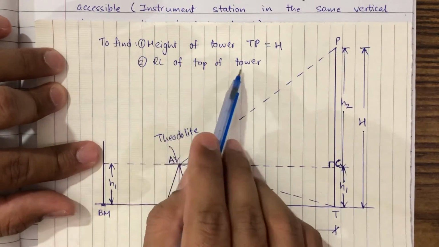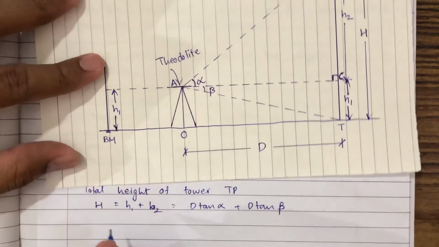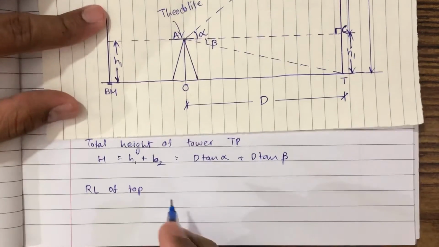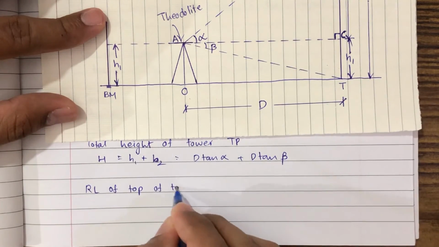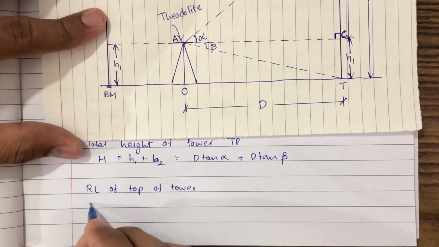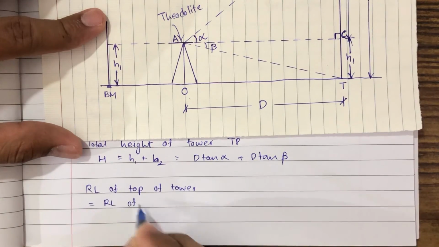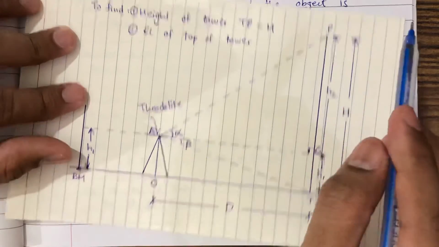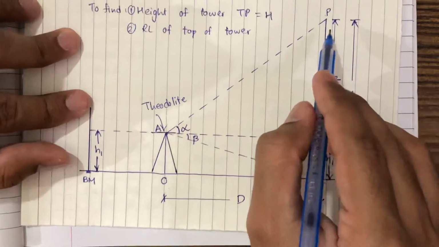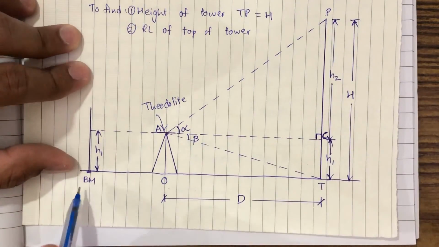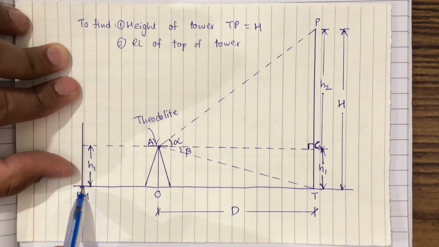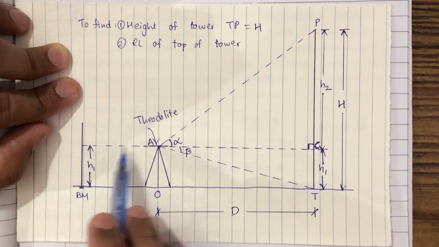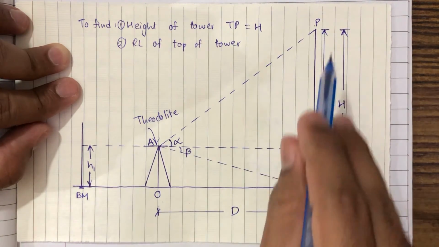Second, we need to find the RL of the top of the tower, that is the RL of point P. The RL of this point P will be equal to the RL of benchmark plus this height H1 plus this height H2.